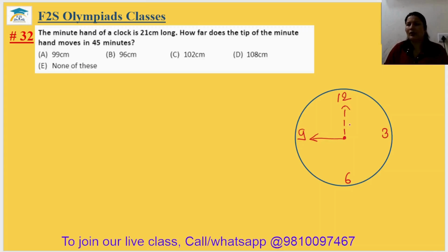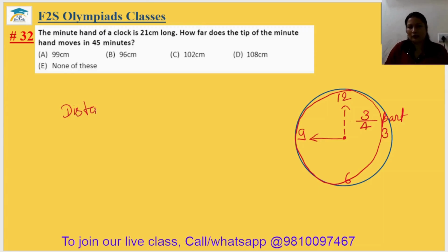So in this way, we can say the minute hand traveled the 3/4 part of the total distance. The total distance is from here to here. It means it is the circumference.